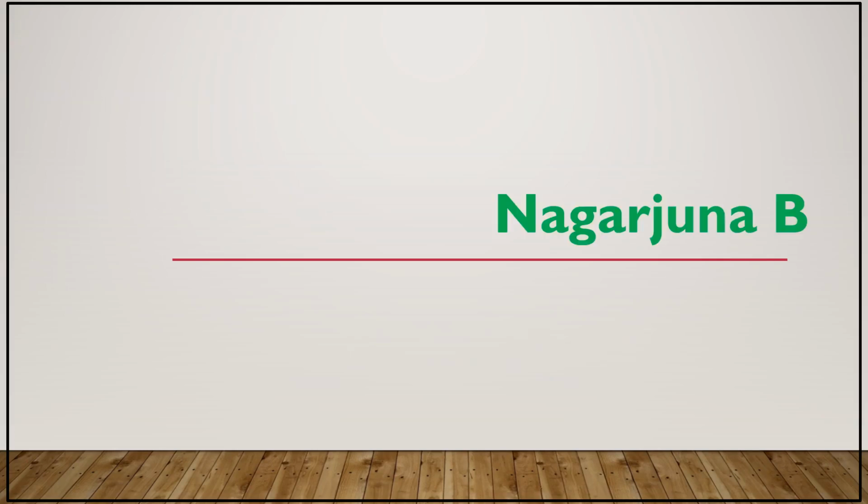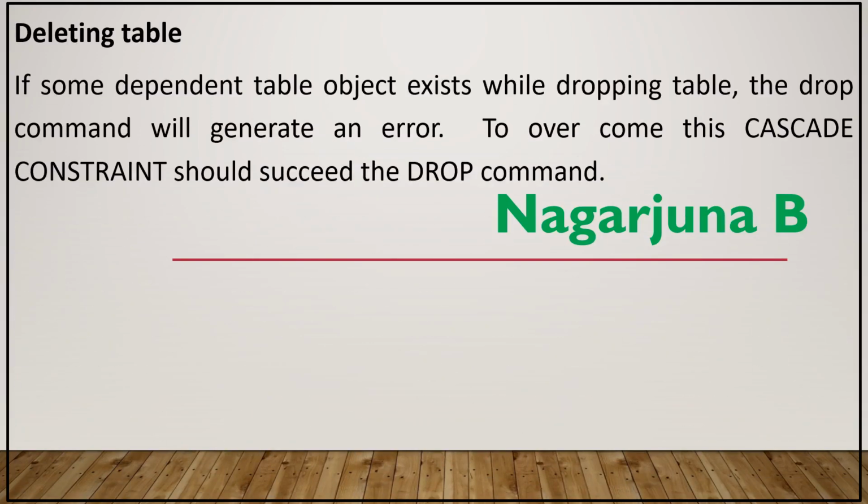As I told, if a particular table which we want to delete has a relationship with some other table, then it will generate an error. That is, if the table is a dependent table, the drop command will generate an error.